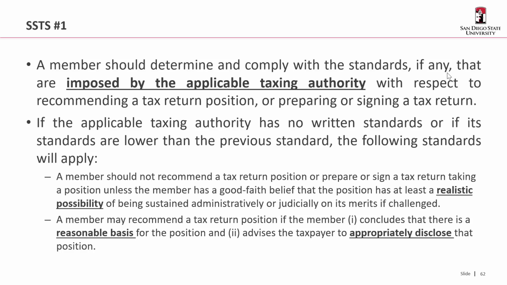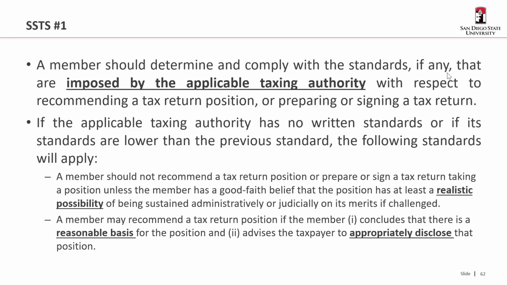If there is no standard, or the taxing authority standard is lower than the following standards, then the following standards apply. Okay, you shouldn't recommend a tax position unless you have a good faith belief that it has at least a realistic possibility of being sustained.